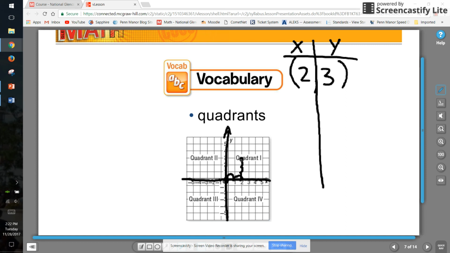So the location of 2, 3 is right here, and it's in quadrant number 1. If you fall over into this quadrant, that's quadrant number 2, quadrant number 3 right here, and quadrant number 4.